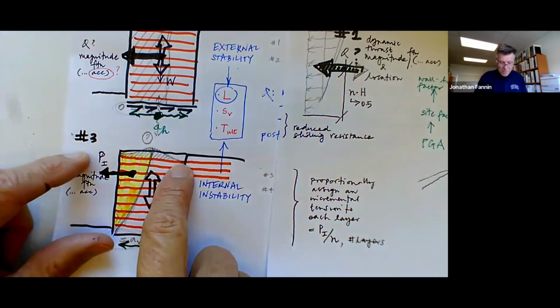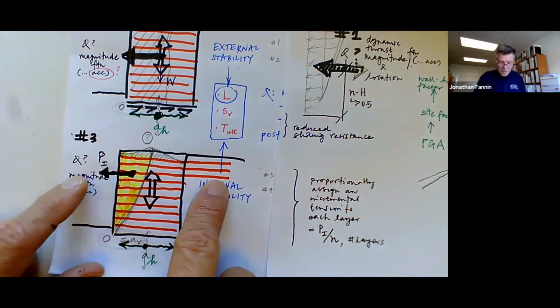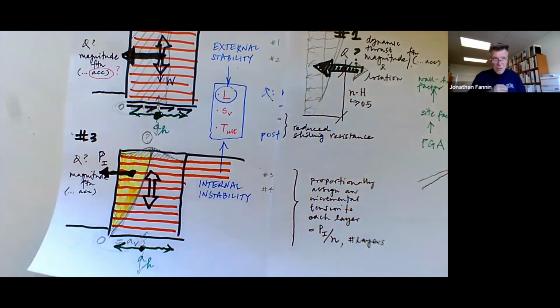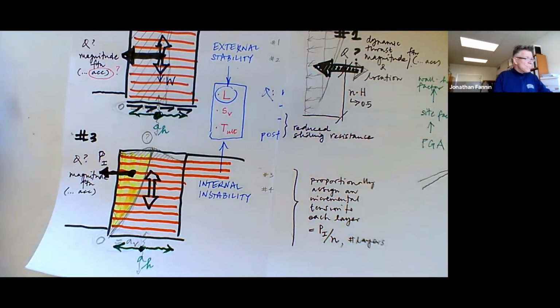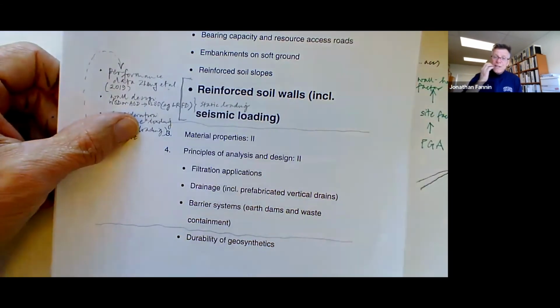In a seismic zone, if the concern is to try and improve things, simply extend the uppermost layers, the upper 1 or 2, I've perhaps been generous showing it as 3, and just extend them as far back as you can, conveniently, given your judgment. And that, folks, would pretty much close on what I wanted to relay to you on reinforced soil walls, including seismic loading.